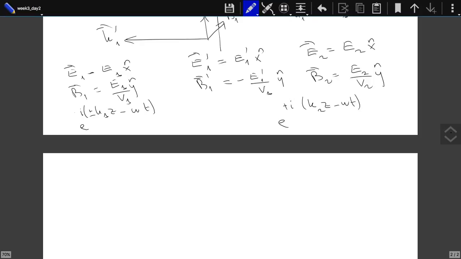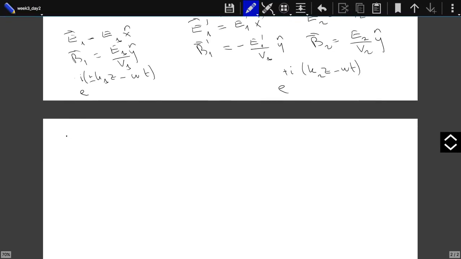So let's look at Maxwell's equations in the absence of any free charges. The divergence of D, in the absence of any free charges, is 0. Divergence of B is 0.